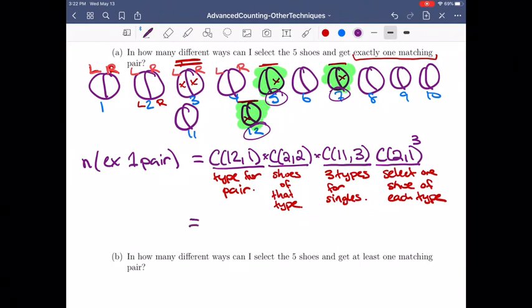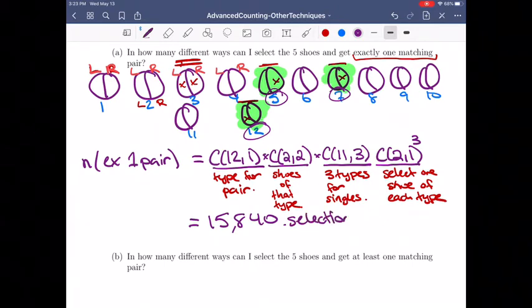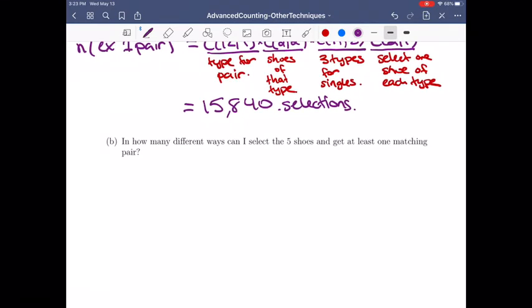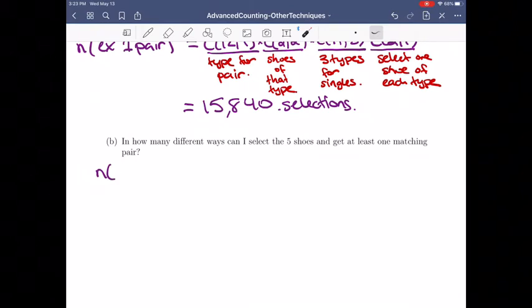If you compute this, you should get 15,840 selections that contain exactly 1 pair. Now what if I wanted at least 1 pair? There's 2 different ways we can do this. Because we're only picking 5 shoes, the most number of pairs we can get is 2, because we need 4 shoes then.